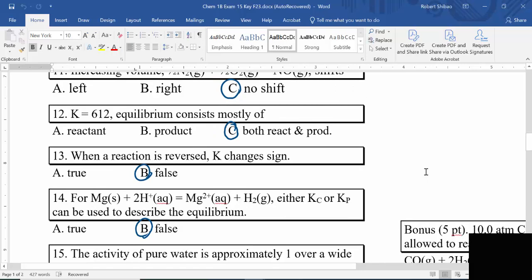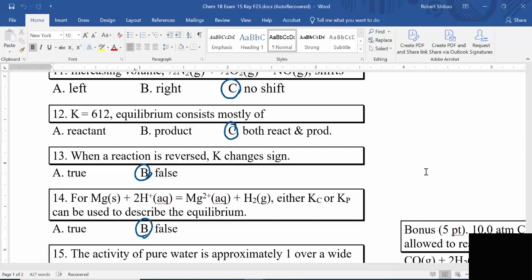If K is equal to 612, equilibrium consists mostly of reactant. Well, you think, that's greater than 1, so it seems like it should favor mostly product. But really, it's not mostly product. It just favors product a little bit. But isn't that still more?